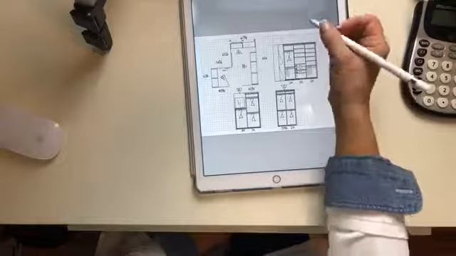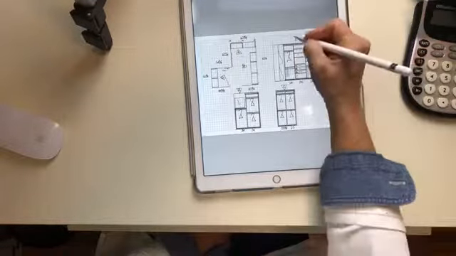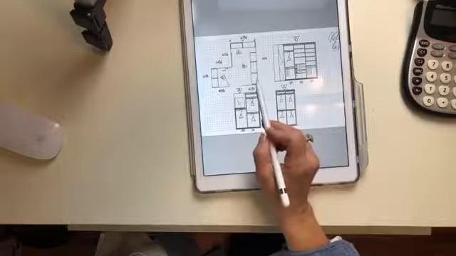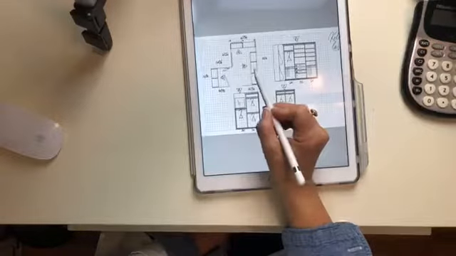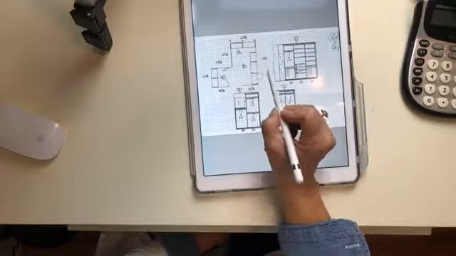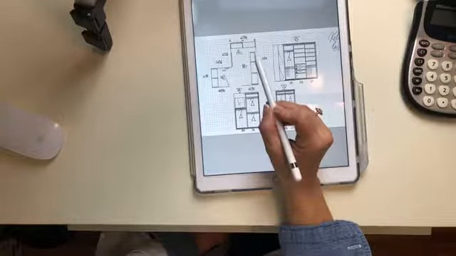So if we look at wall B, this is wall B. You can see that here we've got a pants rack and shelving. We've got drawers and shelving and a space for laundry. We've got another pants rack, some hanging and a shelf above that.